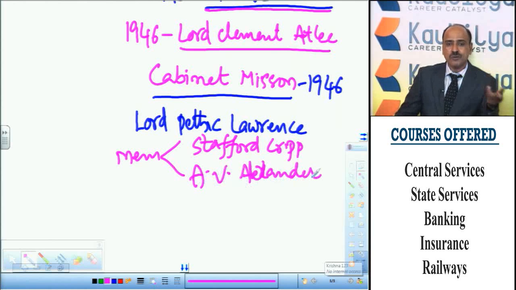These three persons came to India and discussed with Indian leaders. They conducted an all-party conference. Finally, they submitted a report to the British Prime Minister Lord Clement Attlee.